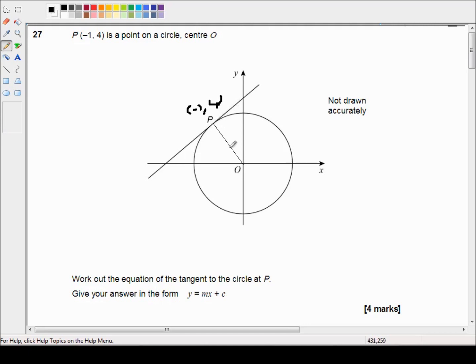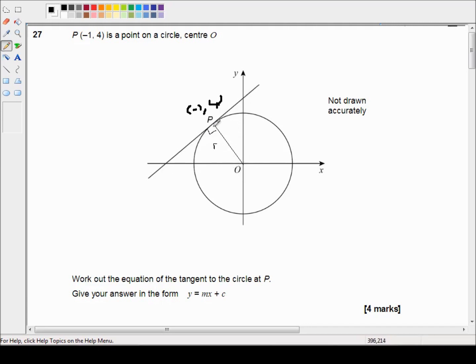And we know that a line that goes from the centre of a circle to the circumference is the radius. Now the radius meets a tangent line at 90 degrees. And now we have all the information we need to solve the problem.